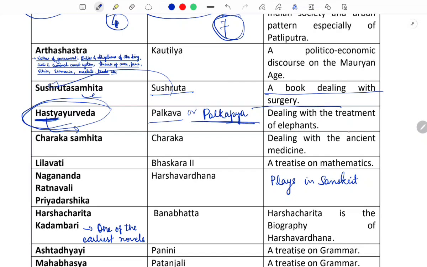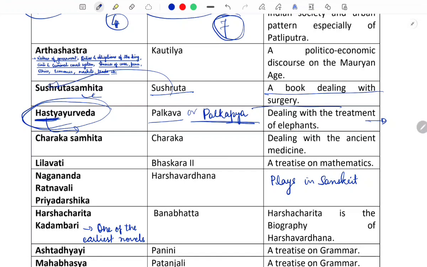This belonged to somewhere around the Gupta age. So you can deduce that in the period of the Guptas, elephants had a very important role to play, which is why this whole text was written on the health issues of elephants.